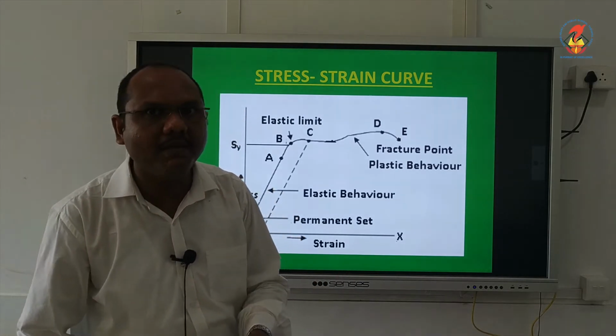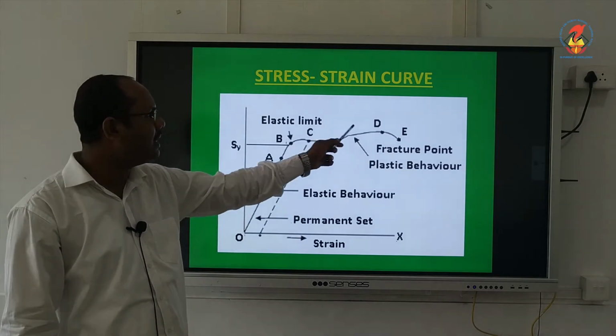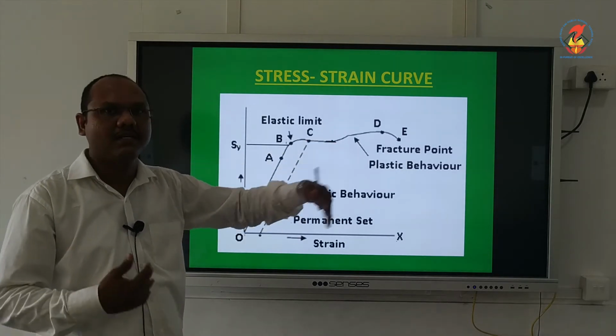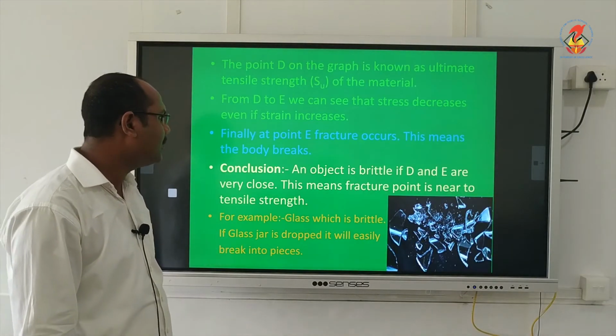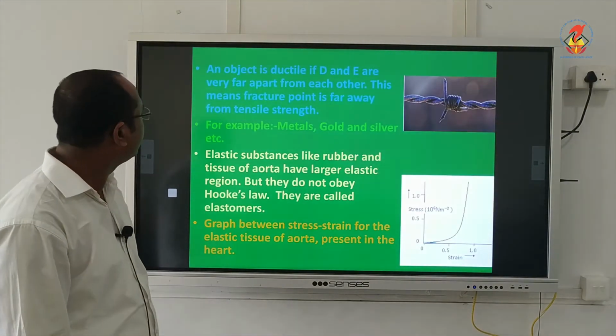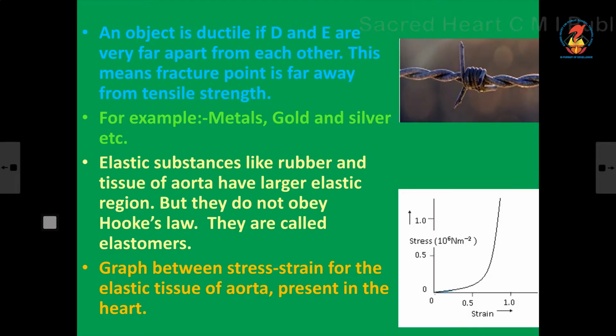So, for a ductile material, the distance between B and D is very big. That means even after crossing the elastic limit, the body can be stretched to larger values of strain.